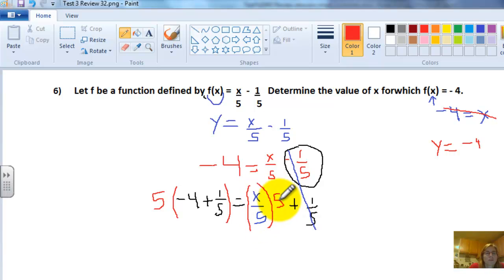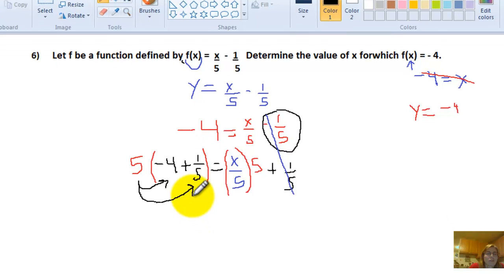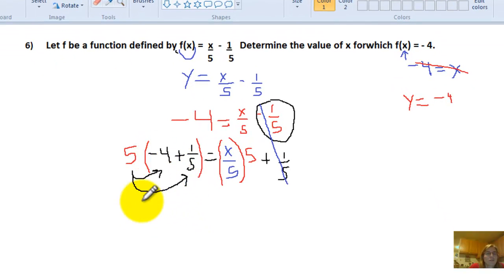So you have x over 5 times 5, 5 times this. We use the distributive property. 5 times the -4, and then 5 times the 1/5. So 5 times -4 is -20.